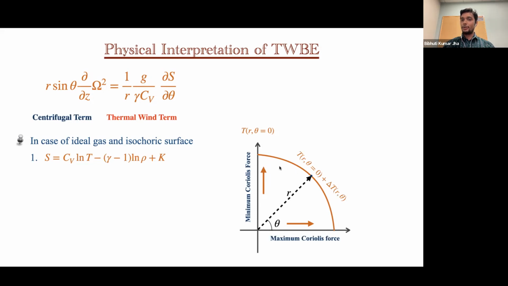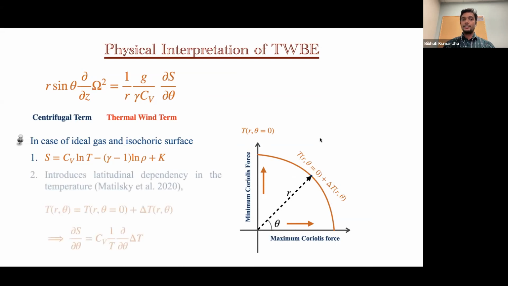If that is the case, what we can expect is that heat will be efficiently transferred along the rotation axis, and it will not be that efficient because of the Coriolis force when it moves along the equator. So it will introduce a latitudinal dependency in the temperature of the sun.